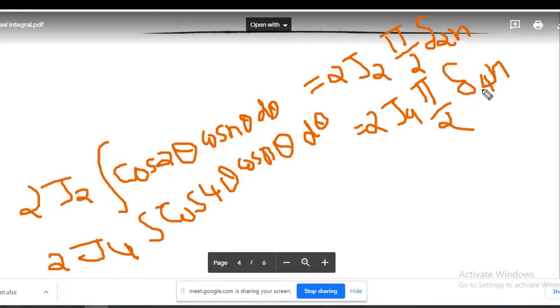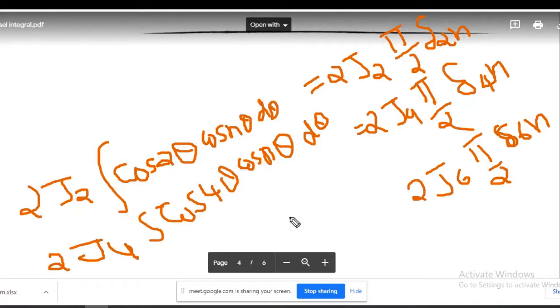Okay, then the remaining terms will be like this: 2j6 pi by 2 delta 6n.